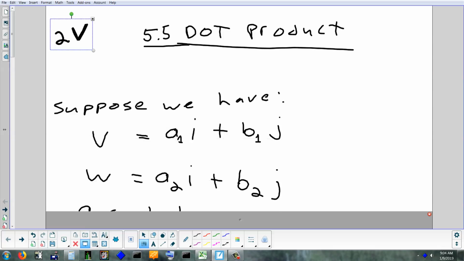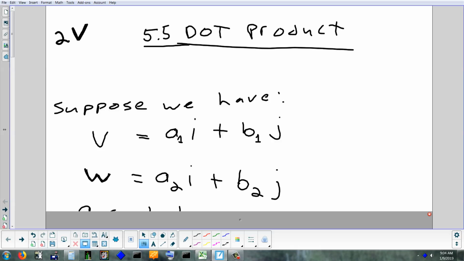All right, so what I did is I wrote down 2 vectors in unit vector notation. Vector v has a horizontal component of a1 and a vertical component of b1. Those would be like your numbers, like 2i plus 3j. Vector w, it's also got a horizontal component, that's a2, and a vertical component, b2. It could be like 5i minus 6j, something like that.